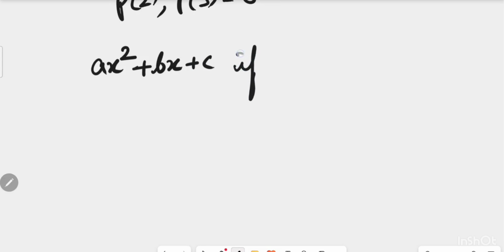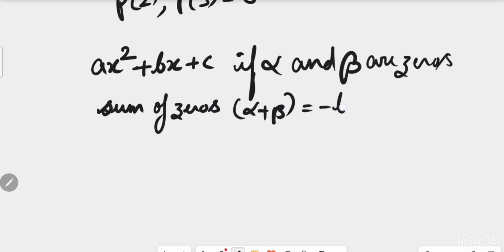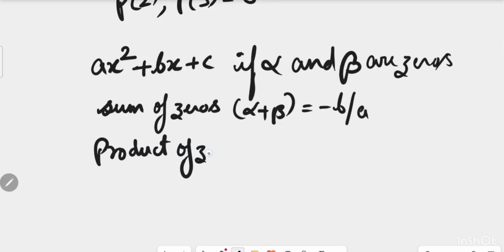For a quadratic polynomial ax square plus bx plus c, if alpha and beta are zeros, then the sum of zeros, alpha plus beta, will be minus b by a, and the product of zeros, alpha into beta, will be equal to c by a.